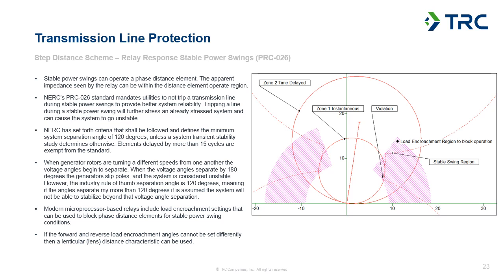For unstable power swings, there may be some other schemes you want to apply to separate your system and prevent larger system issues that can come from an unstable swing. But in general, what they're trying to accomplish with this is preventing us from being able to trip the relays for a stable condition.